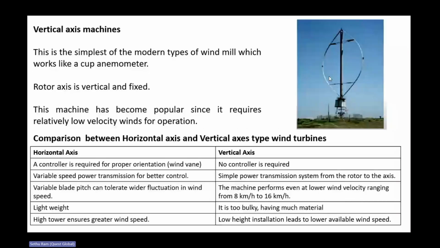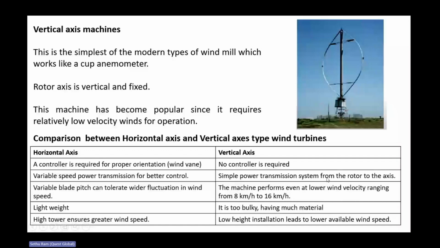That's why we require variable speed power transmission for better balance and control. In this case, the variation won't be that much, so a simple power transmission system is sufficient.